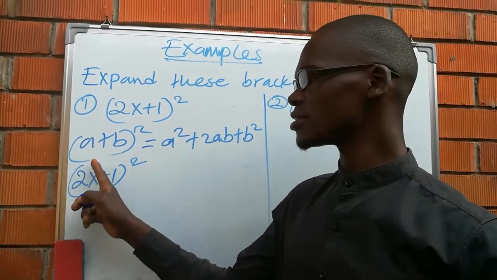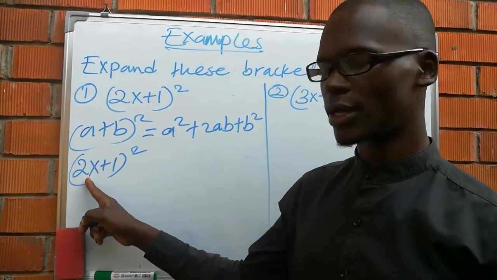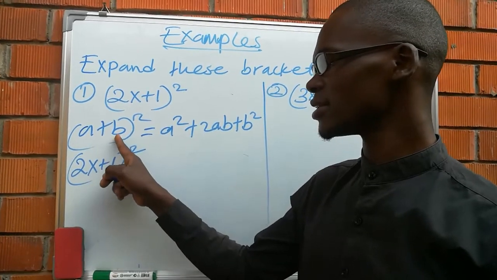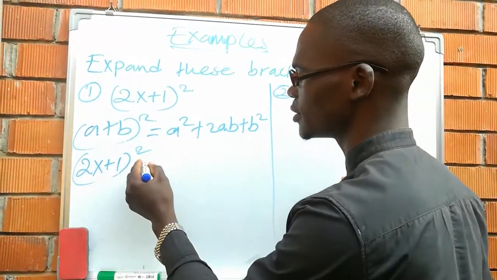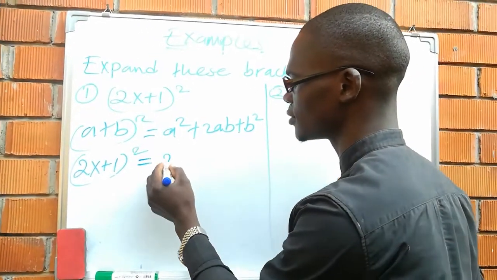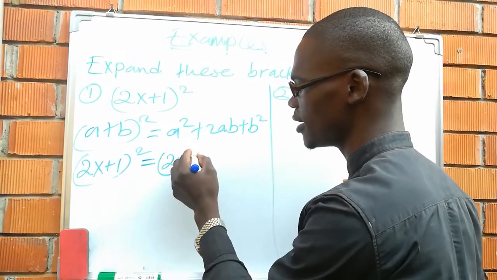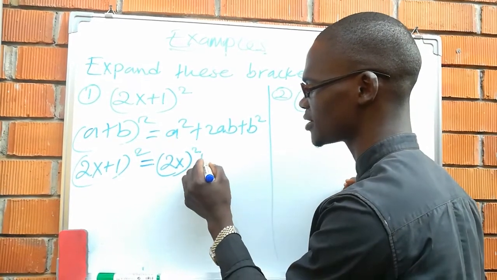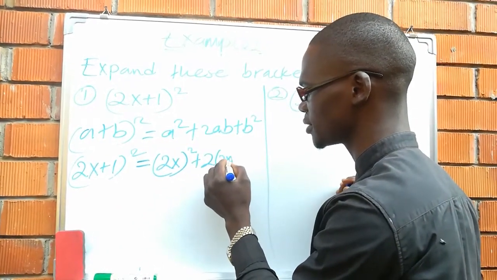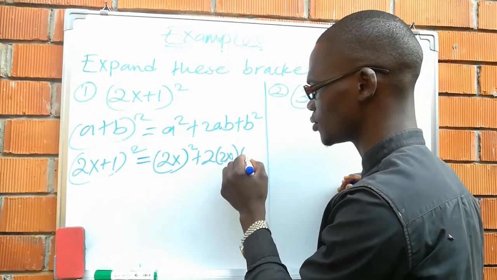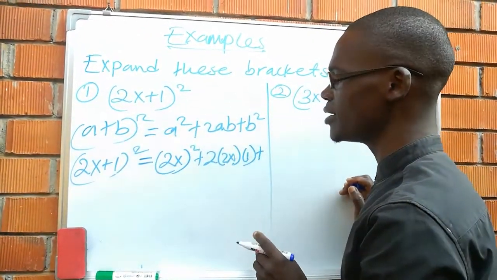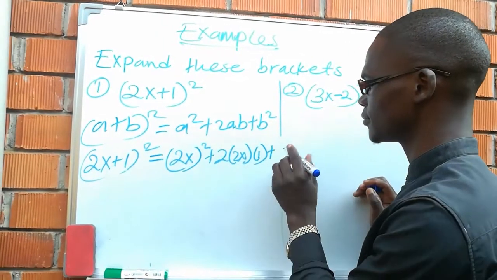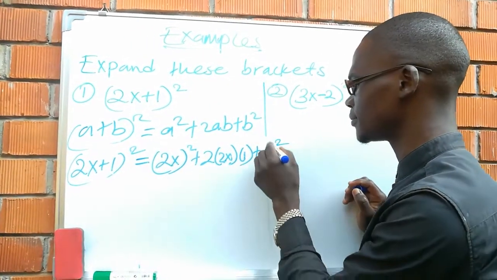our a is equivalent to 2x, and then b is equivalent to 1. And therefore, this will give us 2x squared plus 2 into 2x into 1, then plus b squared, which is 1 squared.